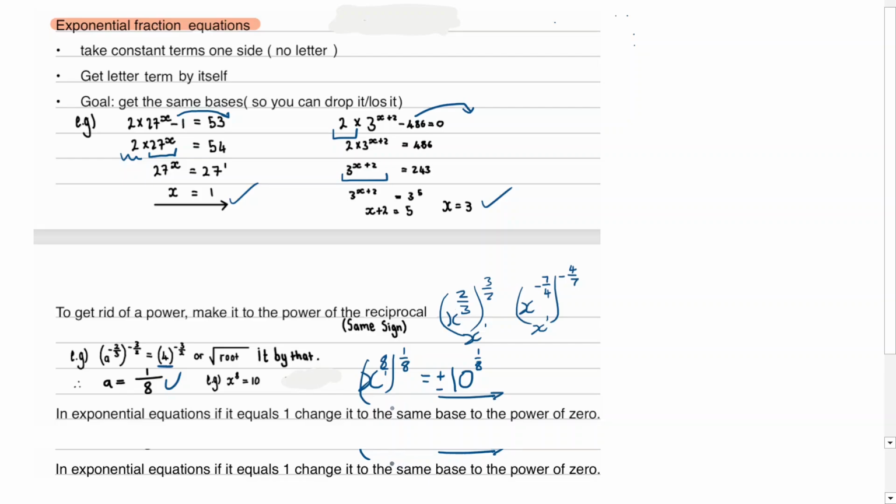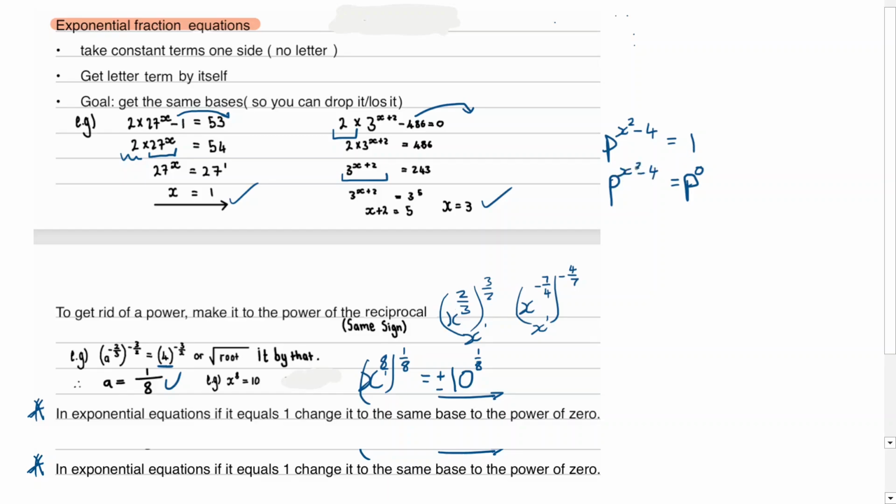And the last example to show you with equations, this is a lovely little trick. In exponential equations, if it equals 1, you can change it to have the same base to the power of 0. So if I had p to the x squared minus 4 equals 1, then the best option of having the same base would be p, and all I do is I make it to 0, because anything to 0 would be back to being 1.